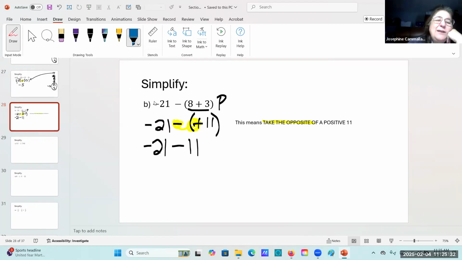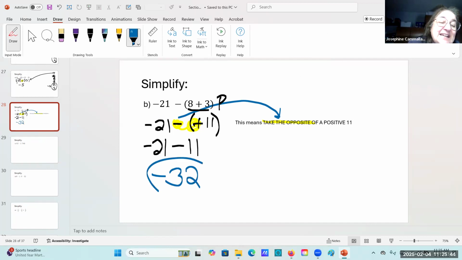That's what this sign means in front of the parentheses. And since they're both negative, I am adding, because I'm going left 21, left 11.